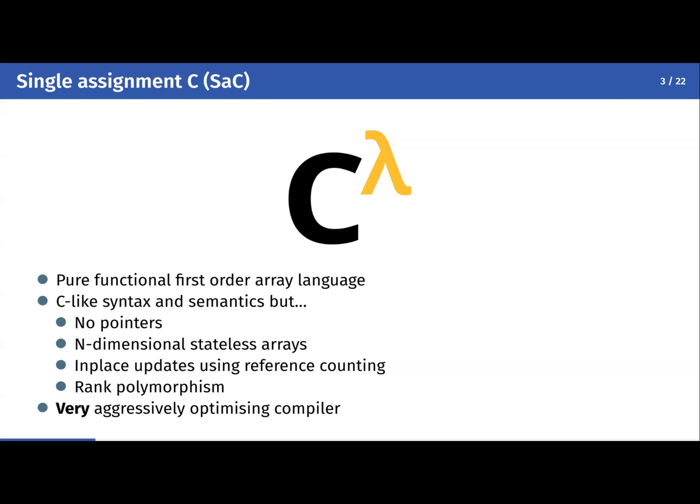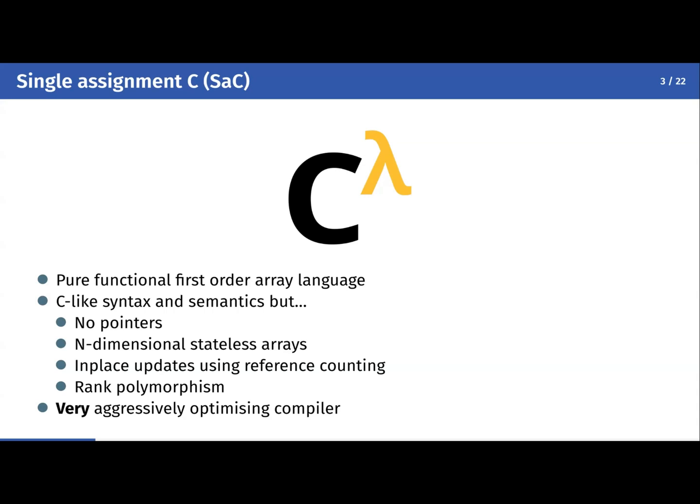So there are no pointers, and conceptually, at least, there's not really a notion of memory. The arrays are always conceptually copied, but we use reference counting, and because of that, behind the scenes, the updates can happen in place if there's only one reference to an array, but the programmer doesn't really know about that.